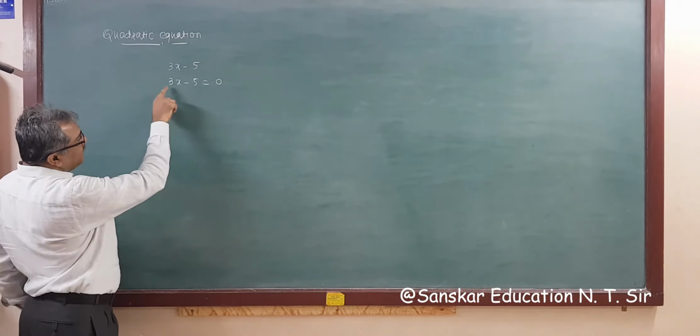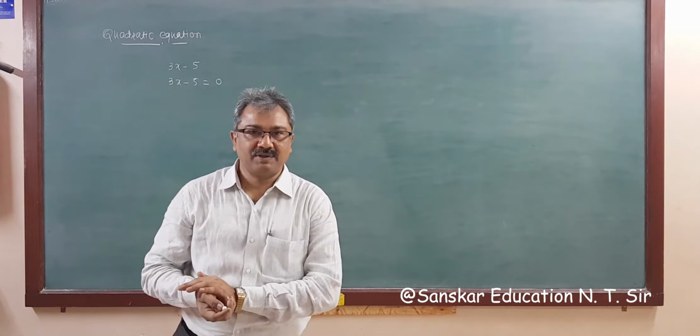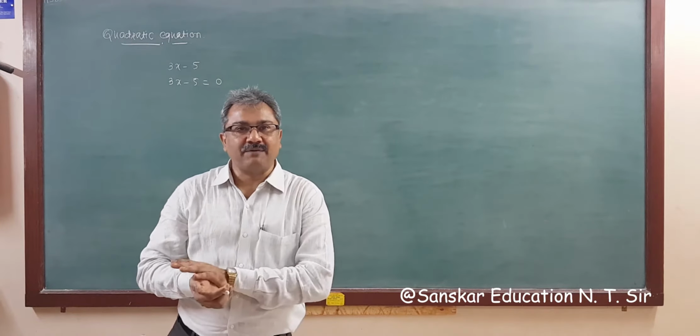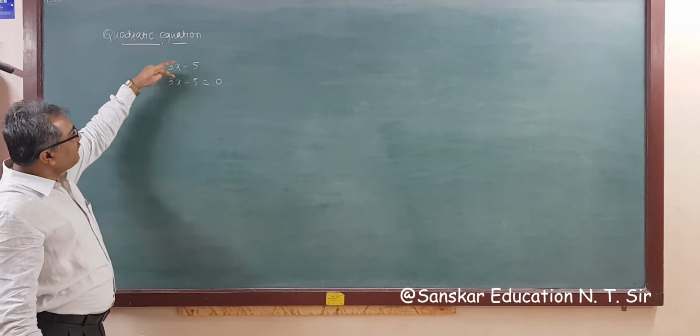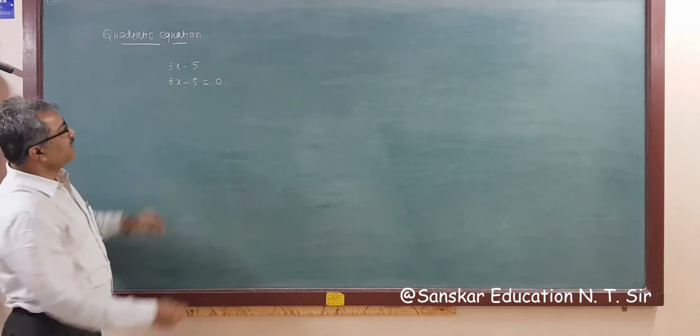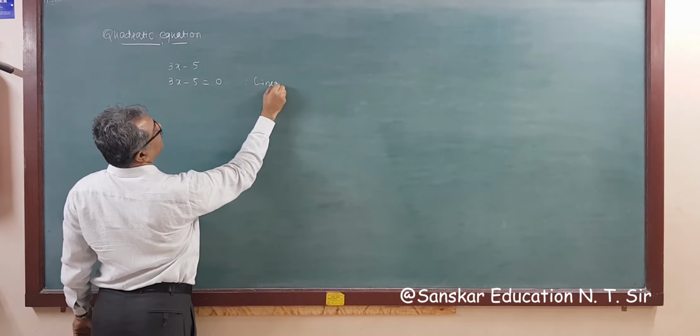Now, in this type of equation, everything depends on the power of the polynomial. Here, the power of variable x is 1. So this is called a linear equation.